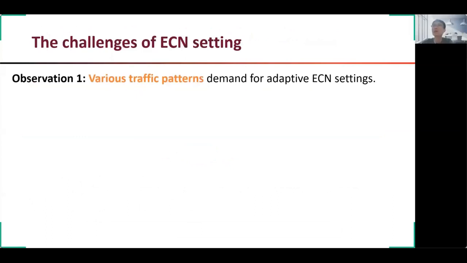When operating a large-scale RDMA network, we see some challenging issues in determining the ECN setting. The first is that various traffic patterns demand adaptive ECN settings. The traffic pattern varies over time. For example, storage OLTP workloads usually appear at daytime and are delay sensitive, whereas OLAP is at night or the end of each month and is throughput sensitive.